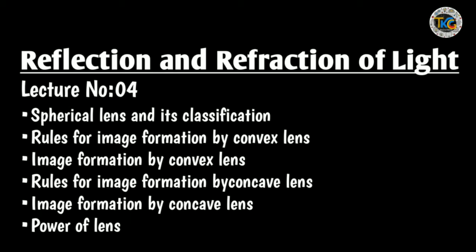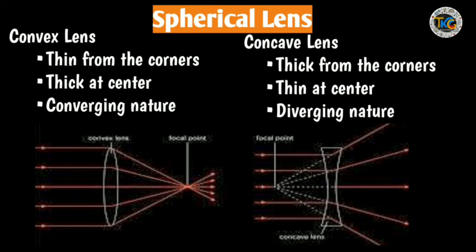So let's begin. At first we have to learn the definition of lens. So what is a lens? A lens is a transparent refracting medium which is bounded by one curved surface. One point is important here: one surface must be curved, and transparent means light can easily travel.